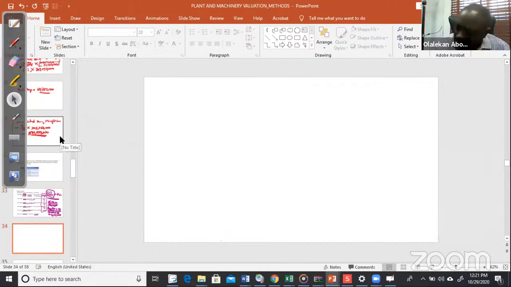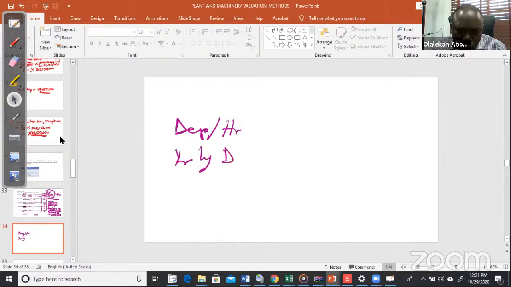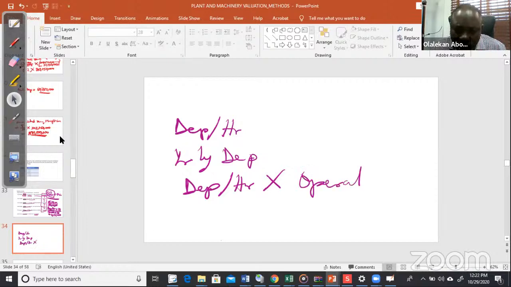The yearly depreciation, as we are expected to do, which is common in your workbook, will be depreciation per hour as calculated earlier, multiplied by operation hour for each year. That's all.